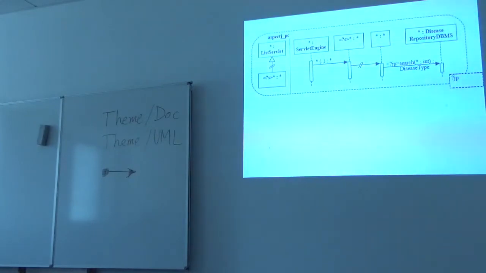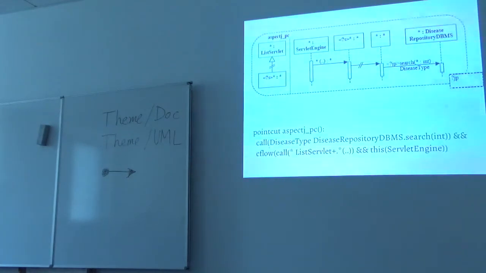Then this notation is very useful to express what you need. Otherwise, you would need to use AspectJ like this, and then follow what's happening in your model. So it's not meant to be used instead of programming, but in order to show things, to communicate things, to talk about things, to design things.